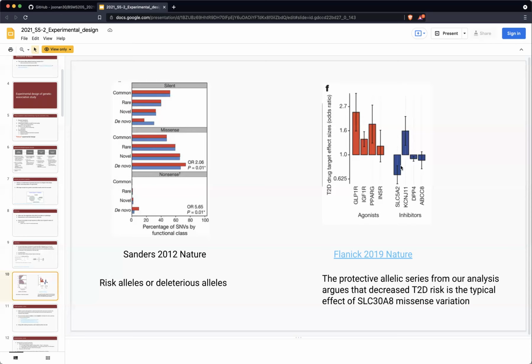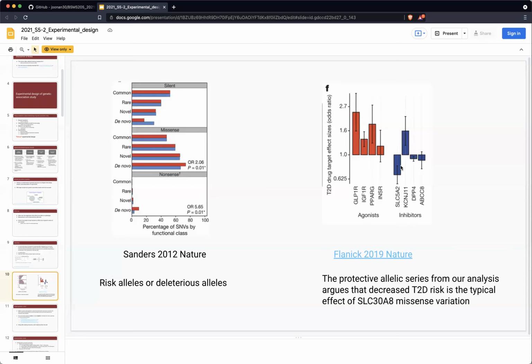So type 2 diabetes, compared to autism, lets you represent the phenotype in both directions. Either you are prone to type 2 diabetes, or you are protected against type 2 diabetes. So in that case, you can measure the bidirectional association.